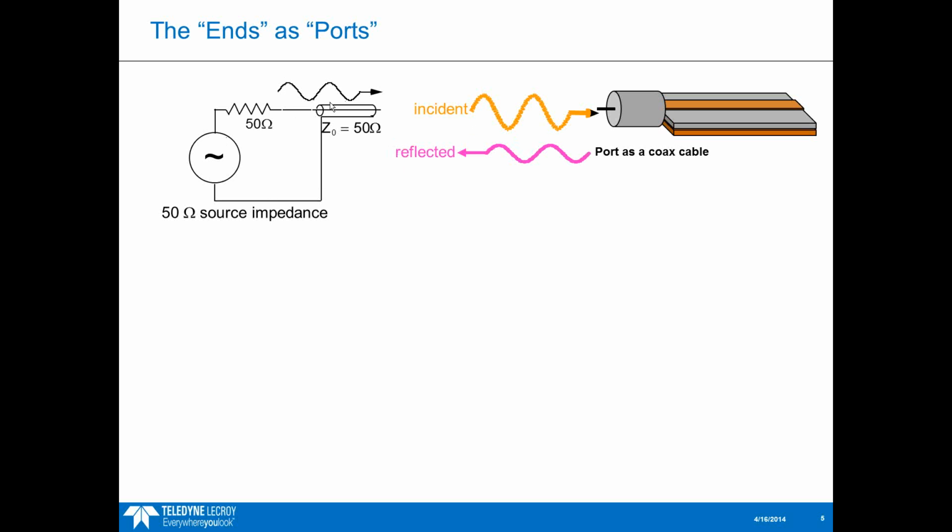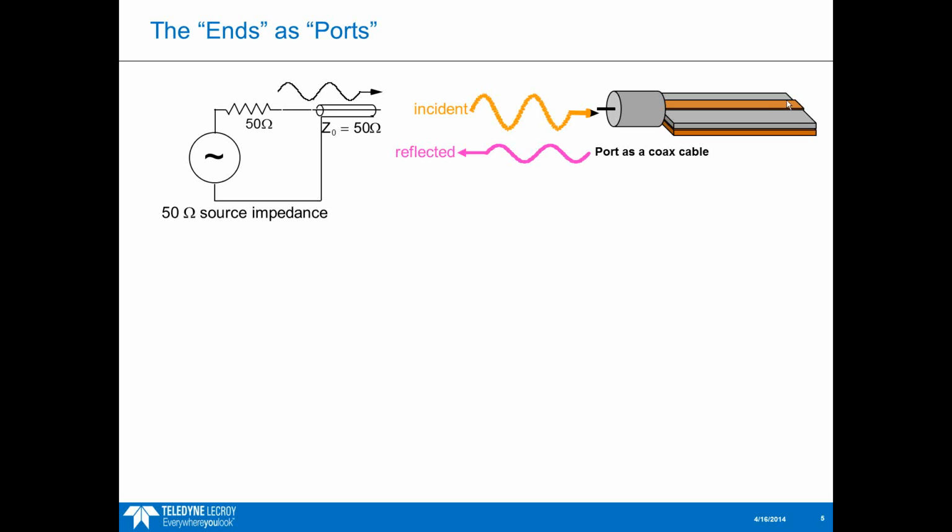So we can send some waveform out of our network analyzer port into our device under test, this trace, and we can look at what gets reflected back coming out of it. That's going to depend on the impedance that's seen going in there. Remember, the network analyzer port is 50 ohms, so if there's any variations from 50 ohms in this trace, we'll see some energy reflected back out of that port.